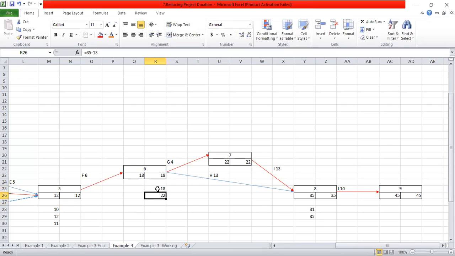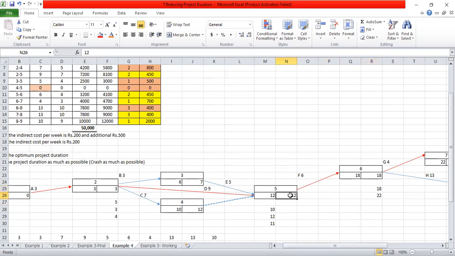In the backward pass, you have to take the minimum value, that means 18. From 18 you deduct 6, that is 12. From this 12, you deduct 5, that is 7. From this 12, you deduct 9, so you get 3 here. 12 comes here again, so from 12 deducting 7 means the value is 5.